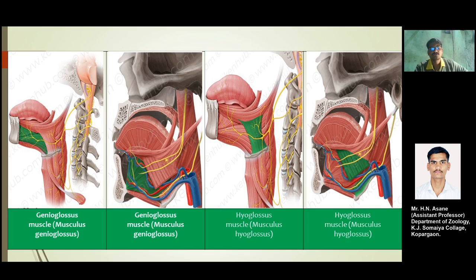The muscle hyoglossus, as you can see in the fourth and last picture on your right side, is a ventral section showing it rising from the ventral surfaces, vertically upright, on the below part of your tongue sections.